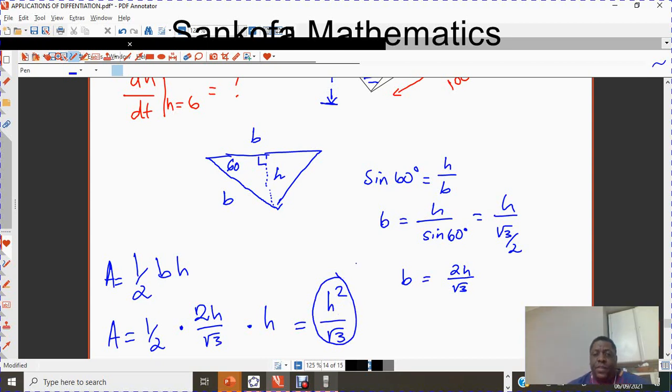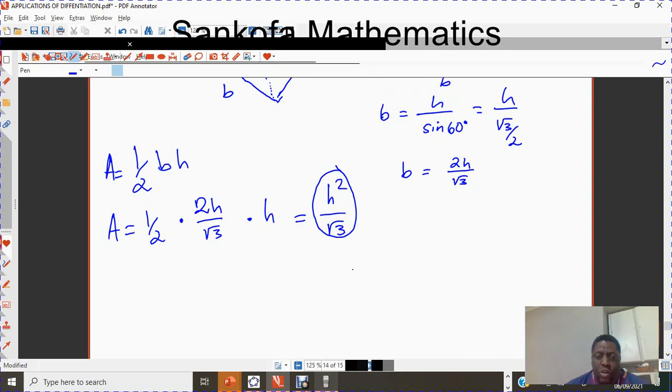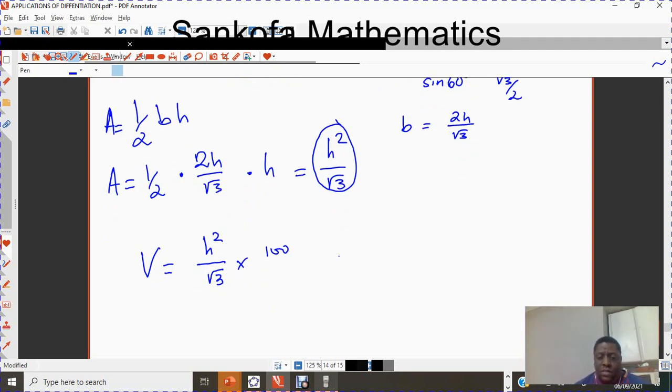So in order for us to determine the volume, we are going to say the volume, therefore, is going to be the area of the triangle multiplied by 100, where 100 is the length. So that gives us V equals 100h squared over root 3.